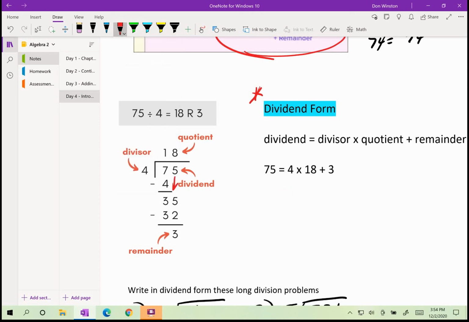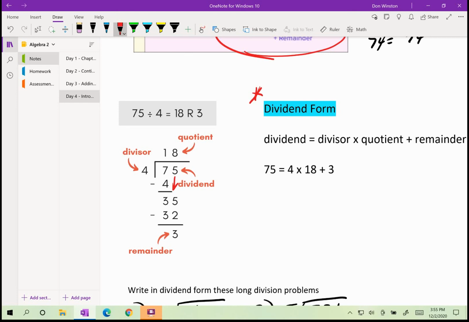And then we ask ourselves, how many groups of 4 go into 35? Well, there are 8 groups of 4. So we put the 8 above the 5. We go 8 times 4 is 32. Rewrite that underneath the 35, and then we subtract. Okay, and we get 3. There are no more numbers to bring down. I see that my remainder is 3. And so, okay, I am done.